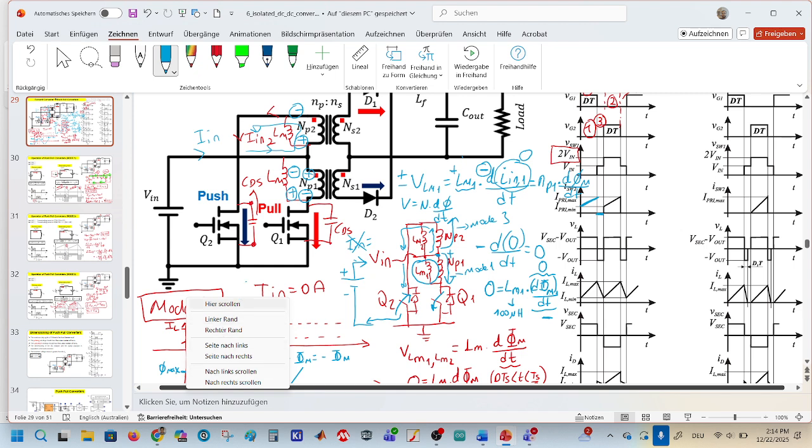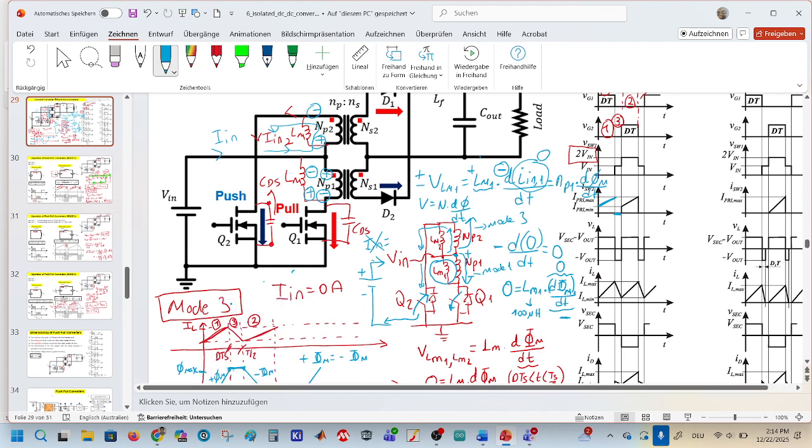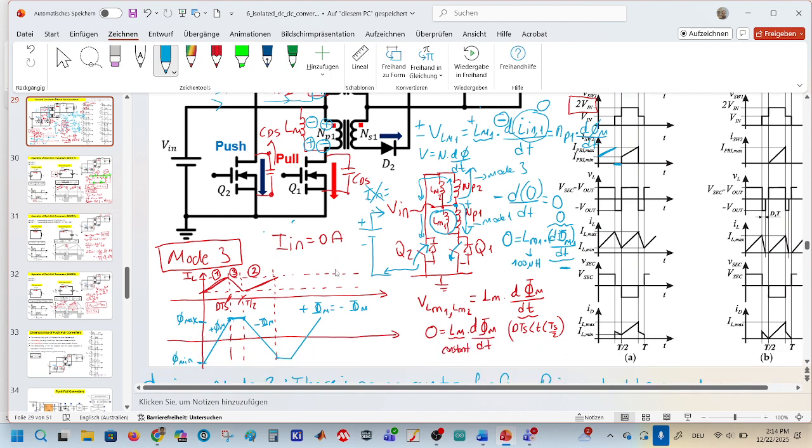That means it should decrease with the same roll off, I would say. That means this angle here is exactly the same as here due to the equal on times of the switches or off times of the switches.